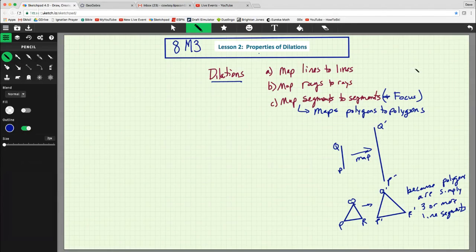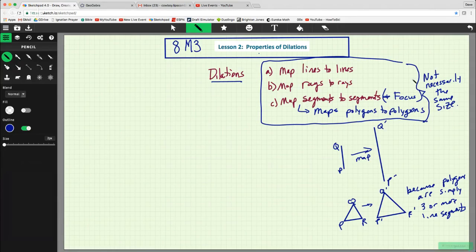Now that's the key difference between this and rigid transformations. These are not necessarily the same size.